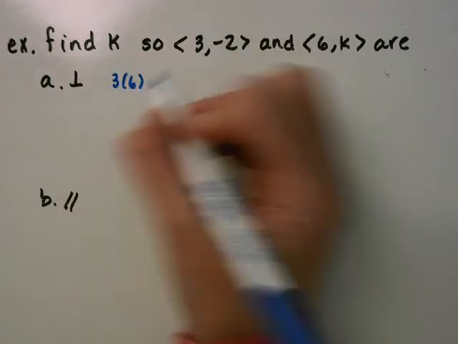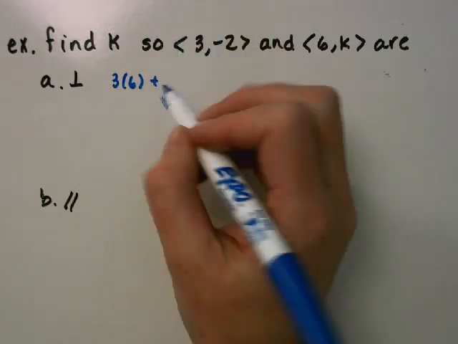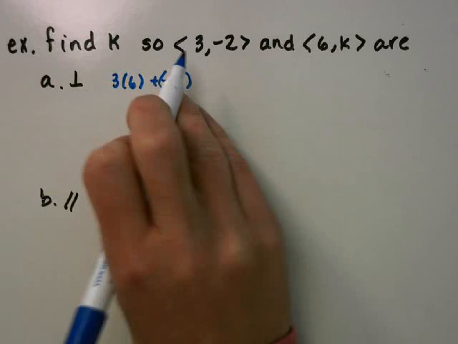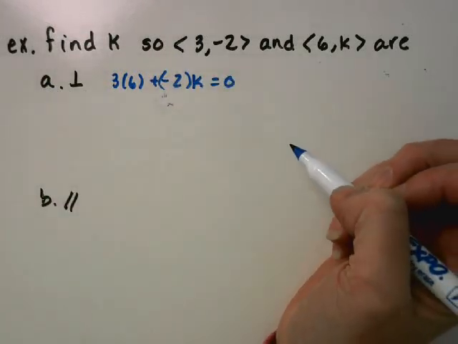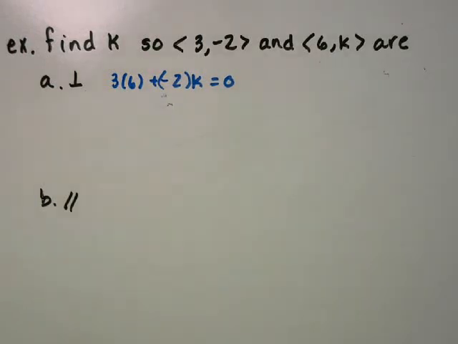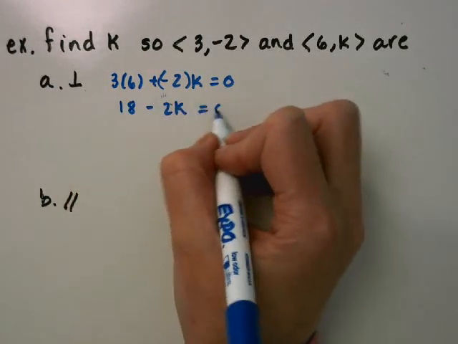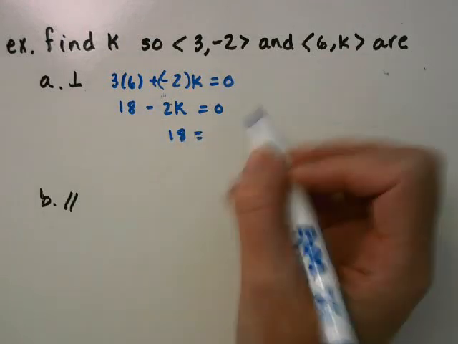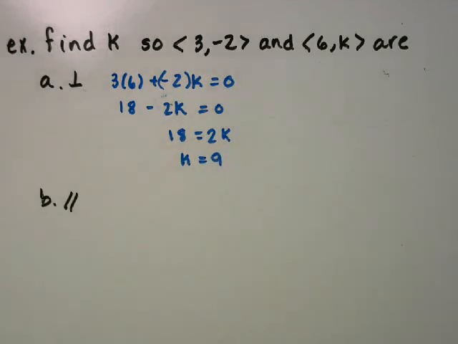So 3 times 6 plus -2 times k, we'll set that equal to 0, because if it's perpendicular, the dot product is 0. So 18 minus 2k equals 0. 18 equals 2k. So k is 9.